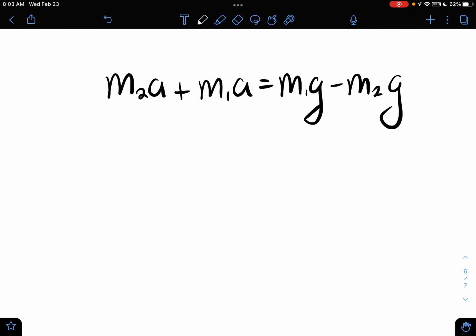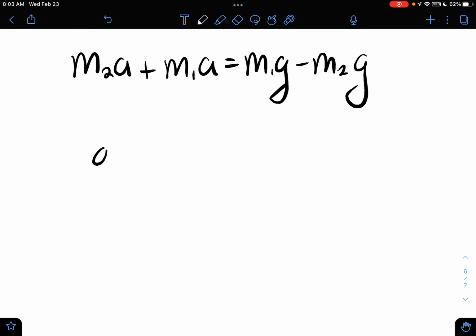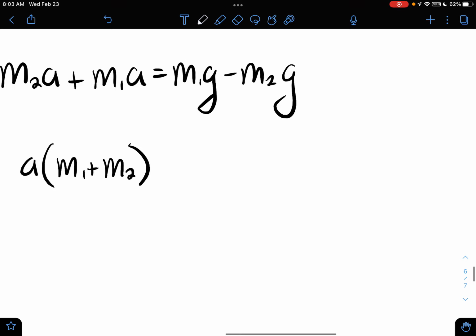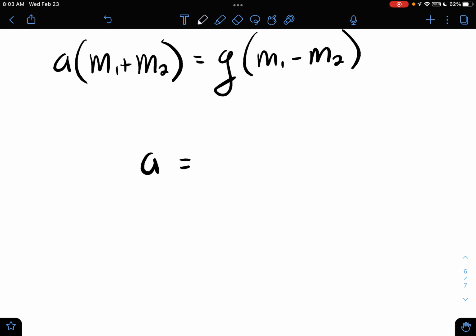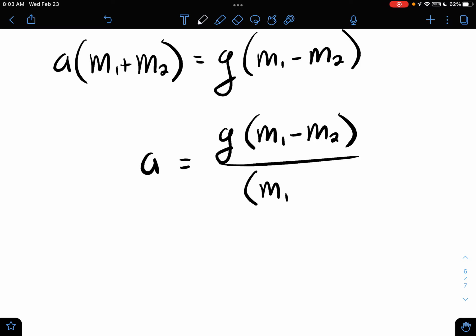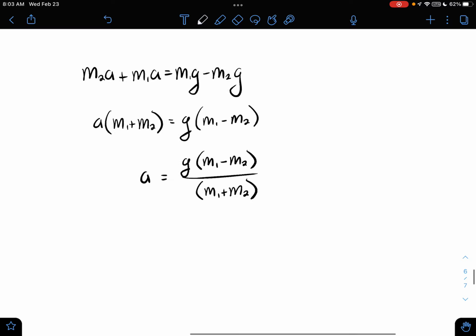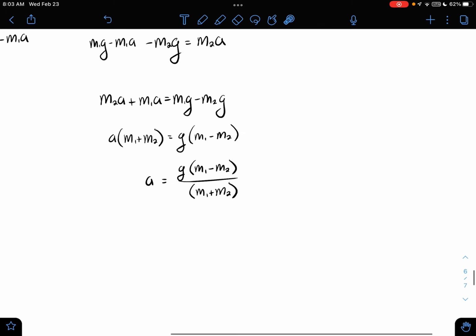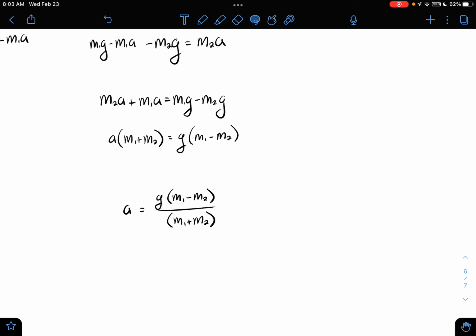So we factor out that A: M1 plus M2 equals, and I'll factor out a G over here too, M1 minus M2. Now if we divide, our acceleration is going to equal G times M1 minus M2 over M1 plus M2. Wonderful, we have an isolated equation giving us acceleration in terms of the masses.